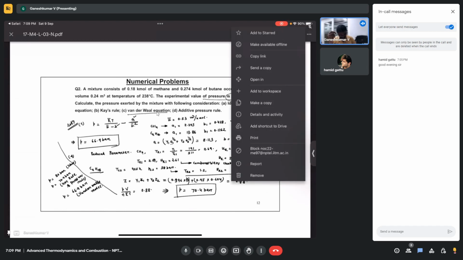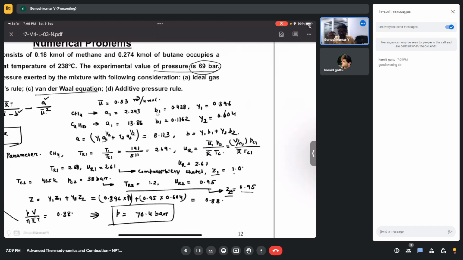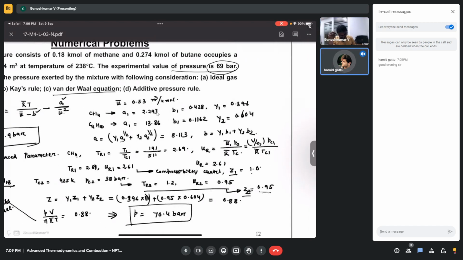If I can mark here. So you mean this VR, right? VR is nothing but V1 times PC by R bar TC, right? Yes, sir. And V1 should be total volume divided by N1.